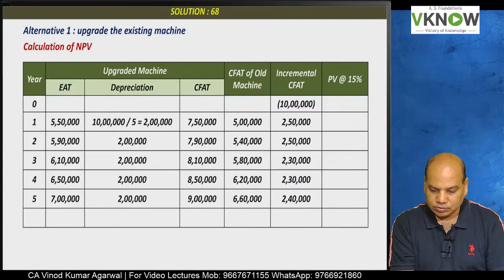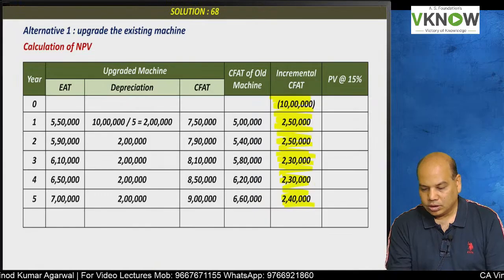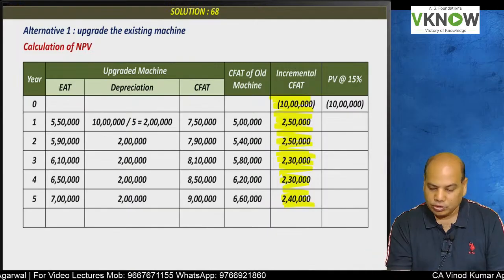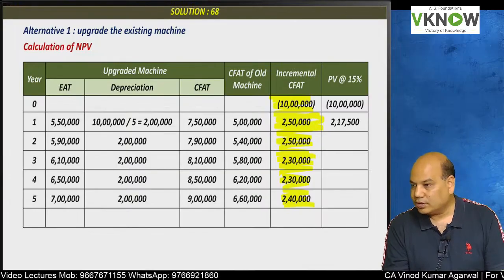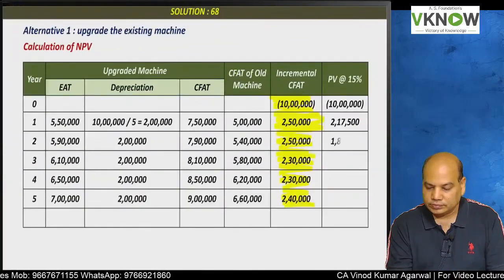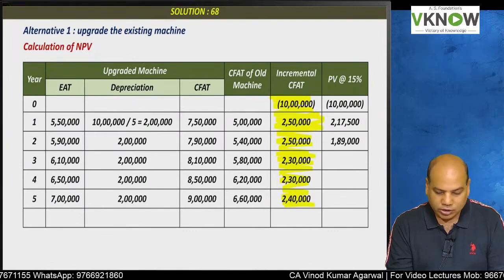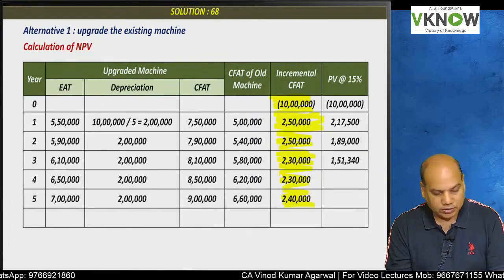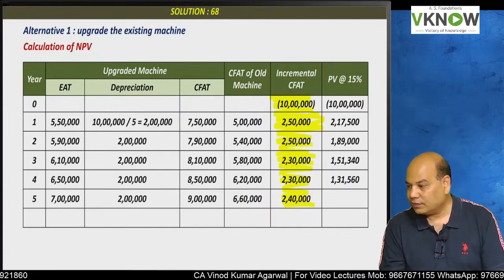This is my cash flow. Factors are given in the question book. Multiply by the factors given in the problem. 2,50,000 into 0.870, 2,17,500. 2,50,000 into 0.756, 1,89,000. 2,30,000 into 0.658, 1,51,340. 2,30,000 into 0.572, 1,31,560.